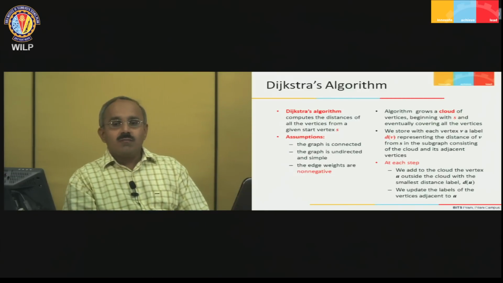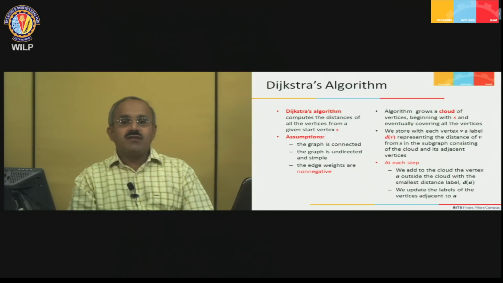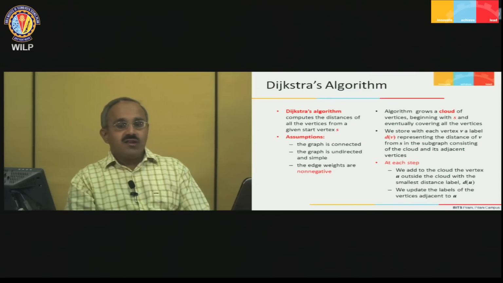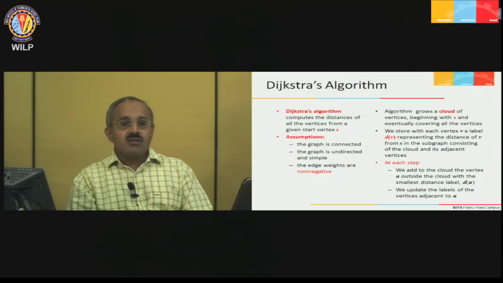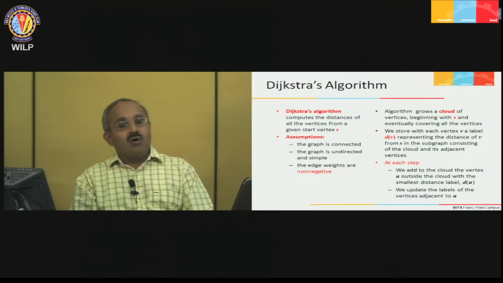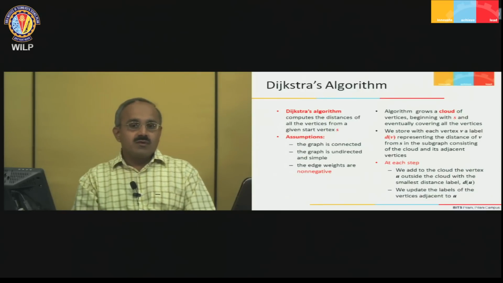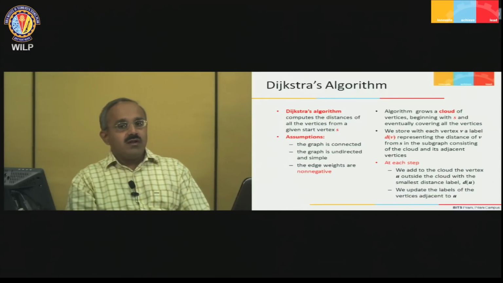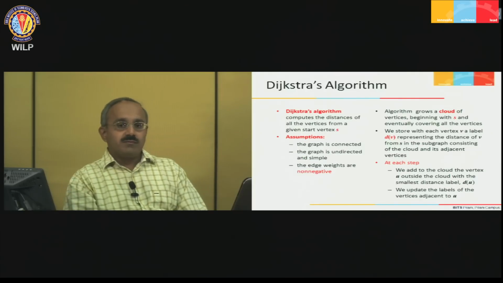It computes the distances of all the vertices from a given start vertex x. So, instead of solving the problem of given source and given destination, we are in fact solving the problem of given source to all destinations. This is called the single source shortest path problem.